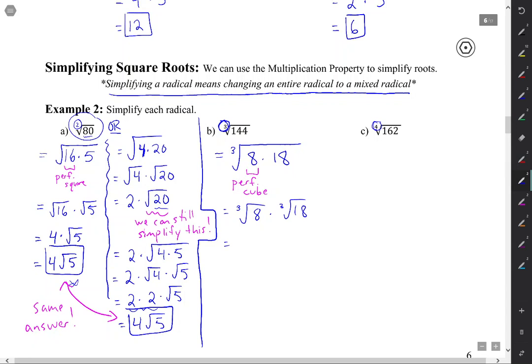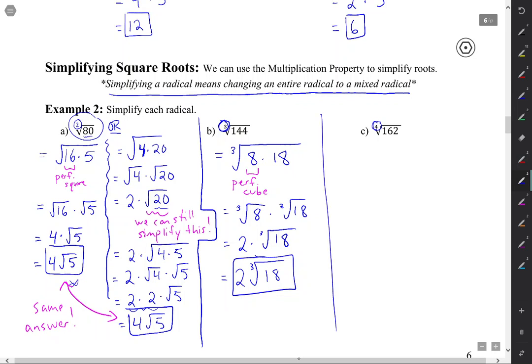I know the third root of 8 is equal to 2, because 2 times 2 times 2 is equal to 8. And I don't know the third root of 18 without a calculator, so I'm just going to write that there. And then we can just rewrite this without the dot. And here's our final answer, 2 times the third root of 18.